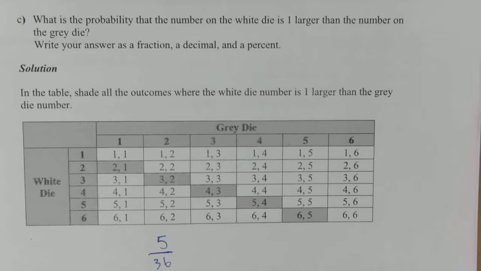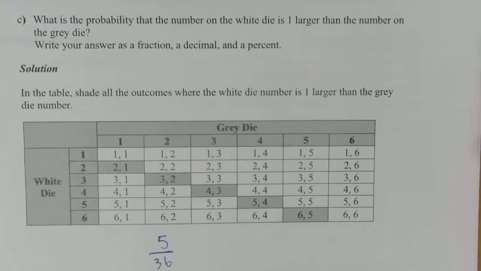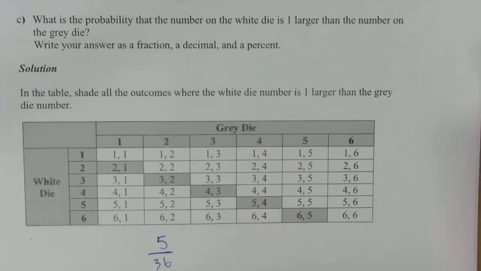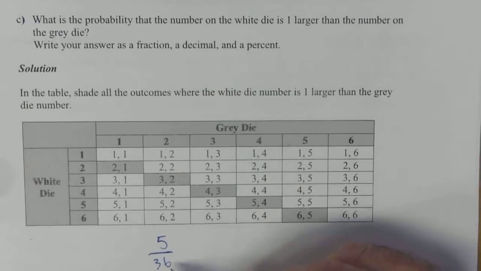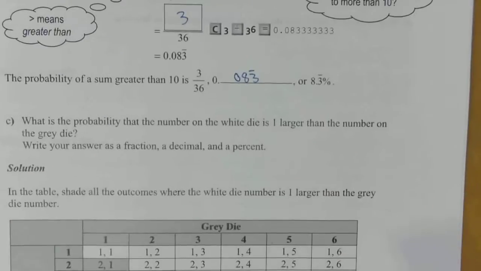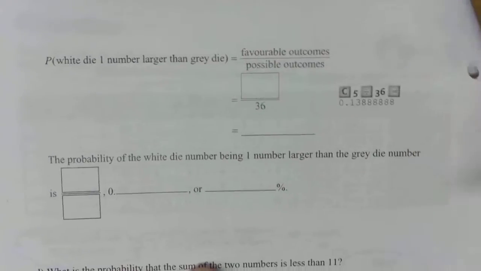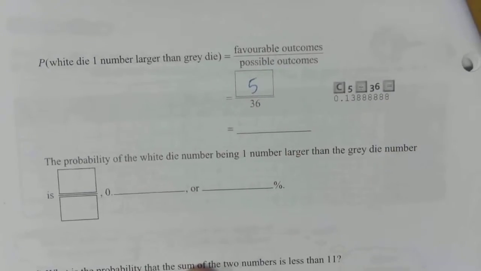If you have different experiments, it could change, but given that it's 2 six-sided dice, one's gray, one's white, the total possible outcomes does not change. So 5 out of 36 is what you're looking for as a fraction. And that we can do on the next page here. So 5 out of 36.